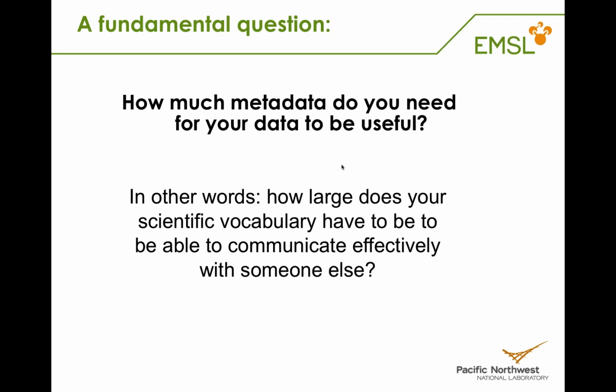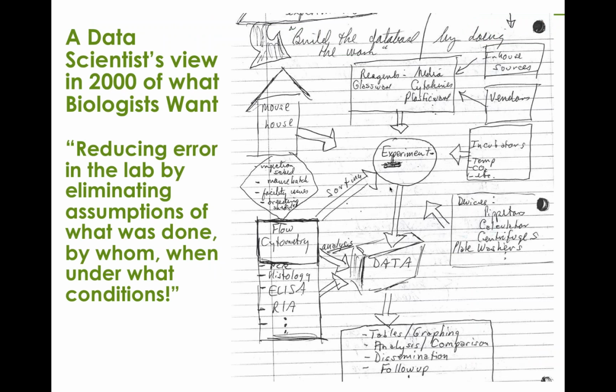And one of the things that the scientists at University of Washington were doing was trying to ask, what do biologists really want in data capture? This was a diagram that they were using. They said what scientists really want to do is reduce the error in the laboratory by eliminating assumptions so that they have control over everything that's done, so they can repeat it. This was data repeatability and data reproducibility way back when.